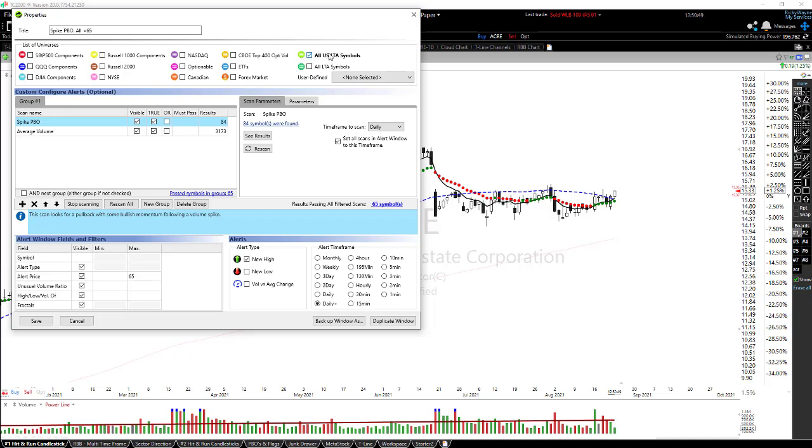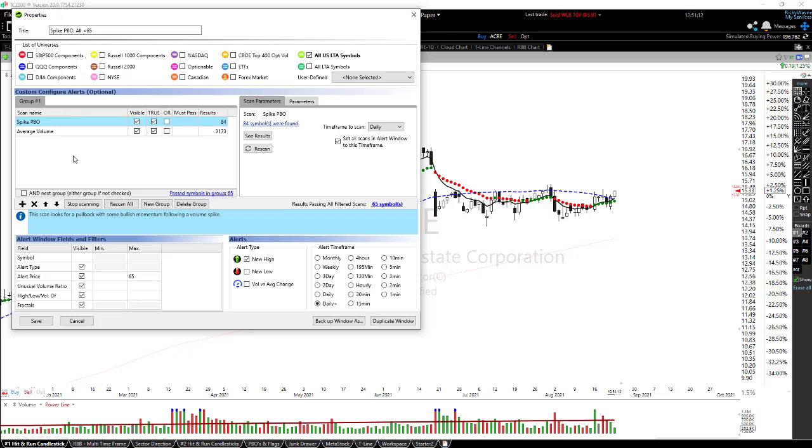The problem with this watch list is it brings you stuff that you're going to get tired of looking at. It's just the nature of it. It's just less expensive stocks, and you're going to get low volume stocks.